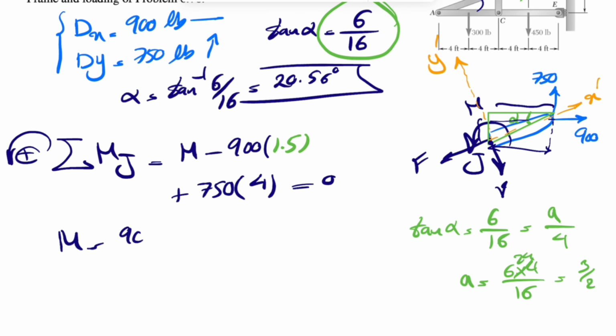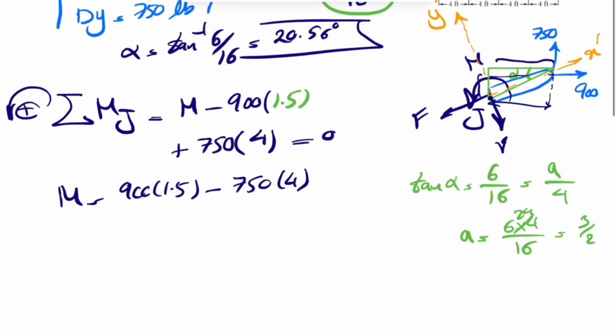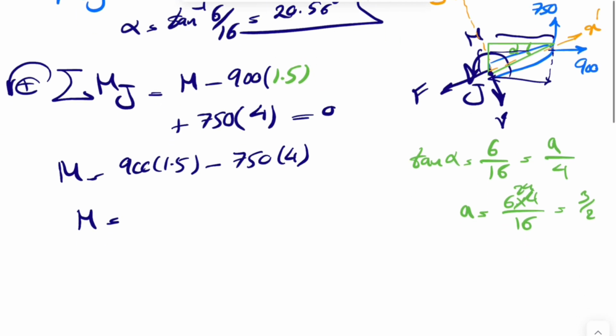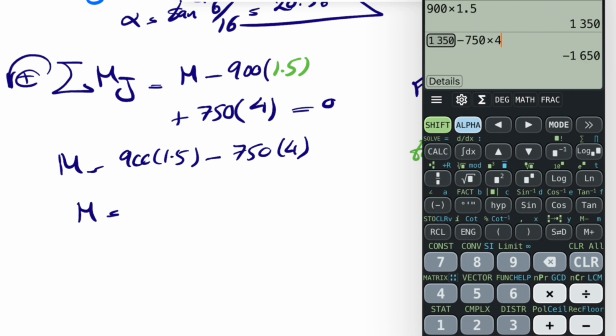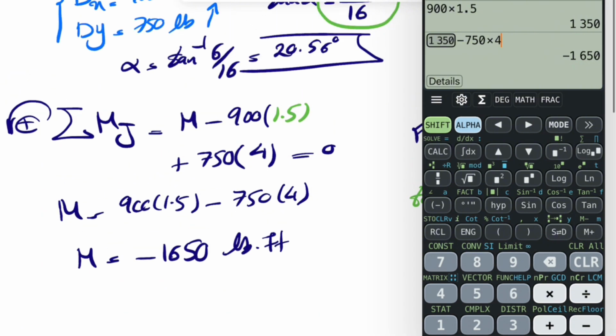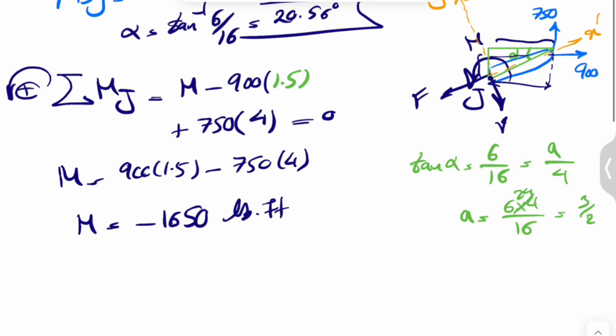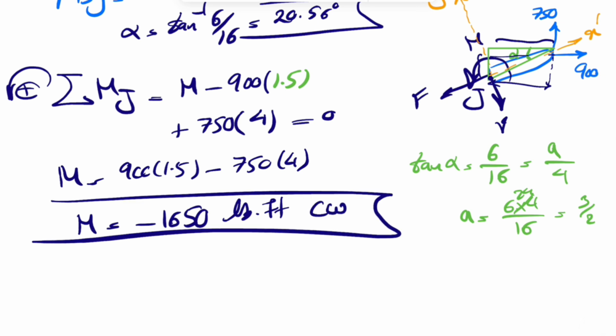It will be negative 900 times 1.5 plus 750 times 4, which gives minus 1650 pound-foot. The negative sign shows that the moment is actually clockwise, so our assumption was not correct.